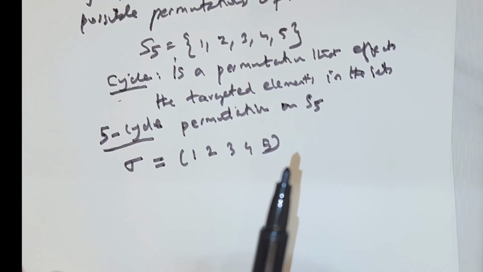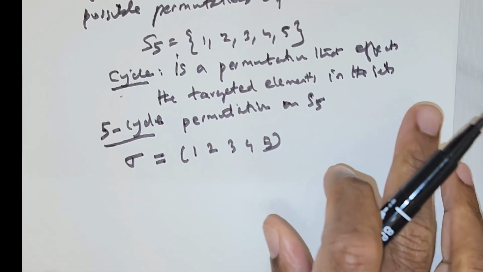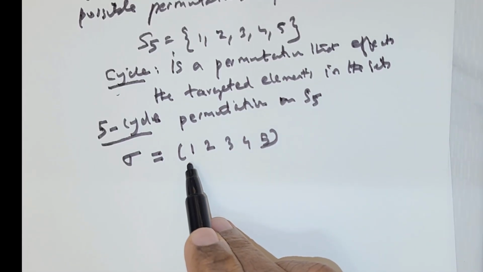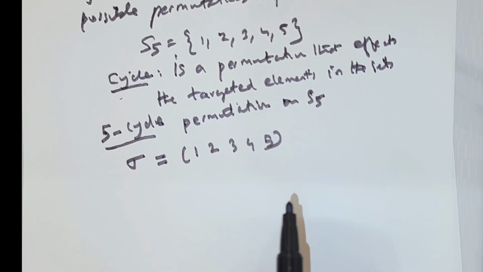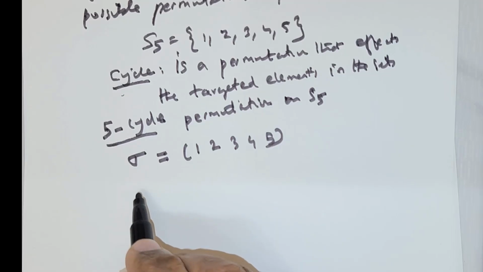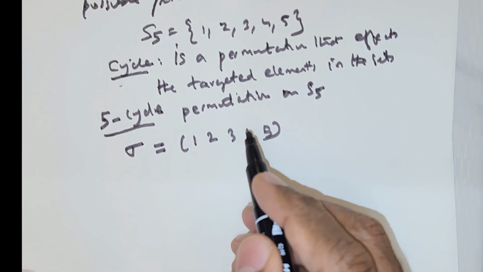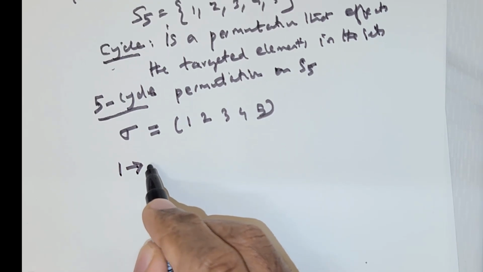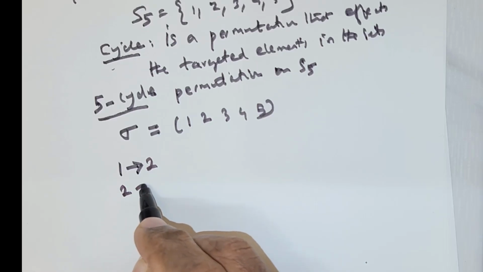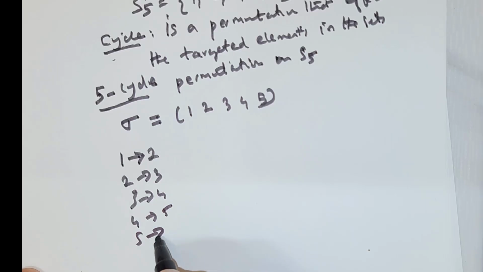This is the 5 cycle permutation. Now the question is, how many times should we run this operation on the set? Okay, so let us see. To begin with, I'm going to run this on S5 one time. So what does it do? This would map 1 to 2, 2 to 3, 3 to 4, 4 to 5, and 5 to 1.